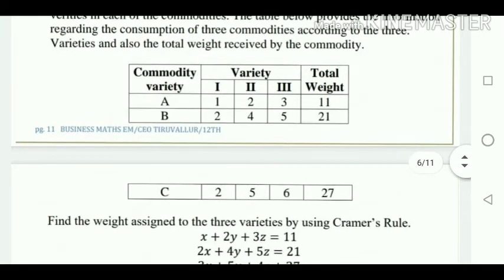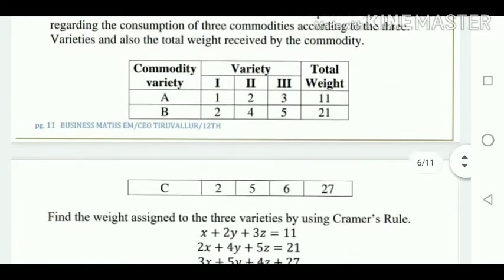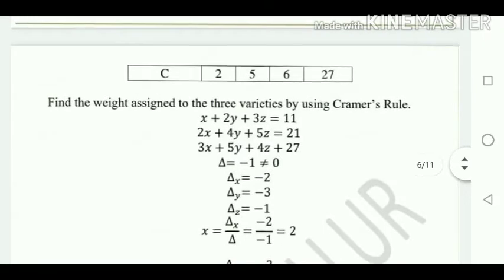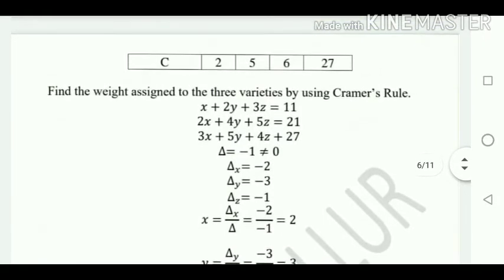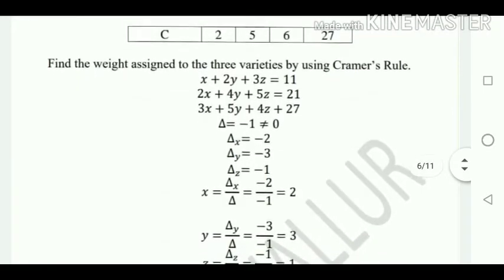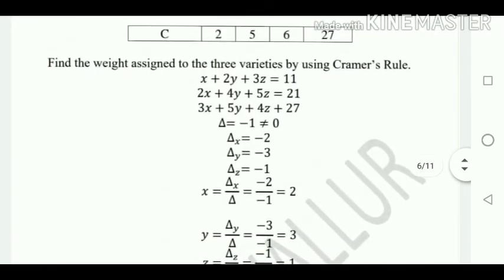So x plus 2y plus 3z equal to 11, 2x plus 4y plus 5z equal to 21, and 3x plus 5y plus 4z equal to 27. Now find the value of delta by taking the coefficients of the variables x, y, z, that is 1, 2, 3, 2, 4, 5, 3, 5, 4.